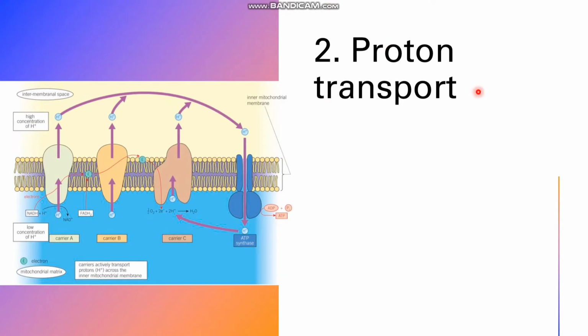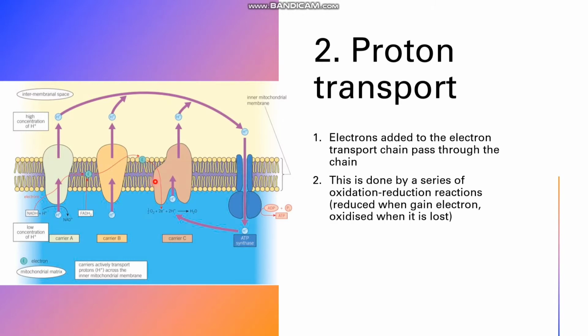The next part in the process is proton transport. We've added these electrons into our electron transport chain by our reduced FAD and reduced NAD, and these electrons travel down the chain through a series of oxidation reduction reactions.